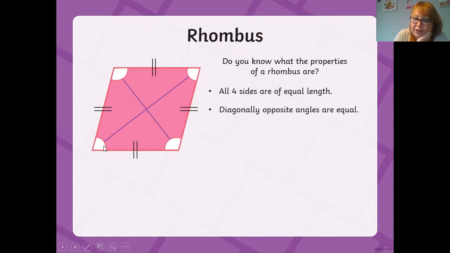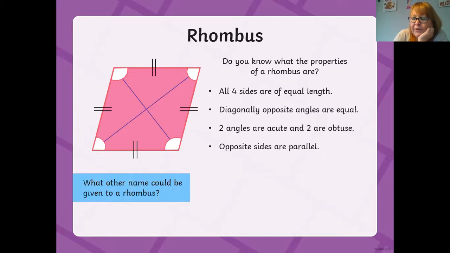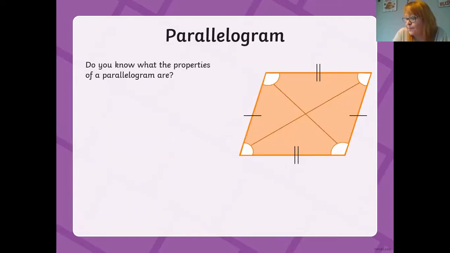You can see it's showing you in this diagram that those are equal angles. 2 angles are acute, so these 2, and 2 angles are obtuse, these 2. And opposite sides are parallel. So if opposite sides are parallel, what other name do you think could be given to a rhombus? That's right, a parallelogram.